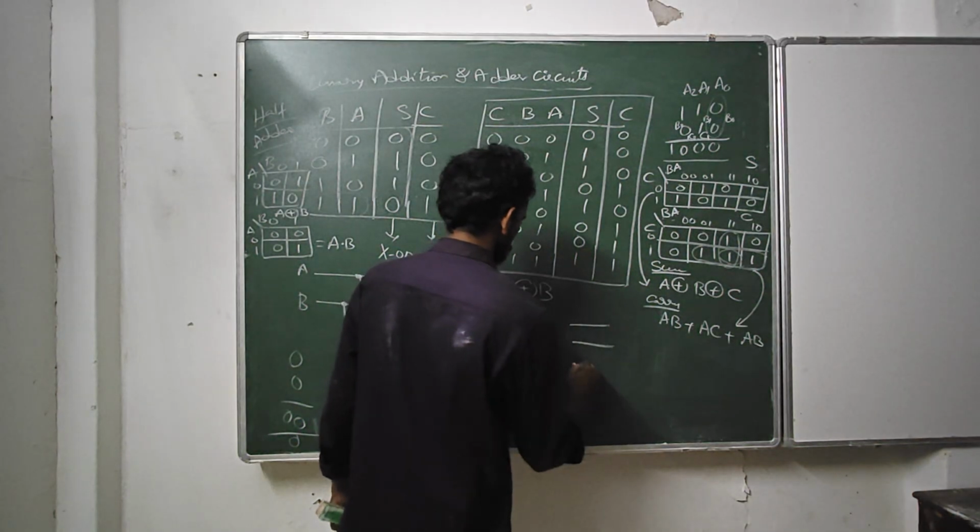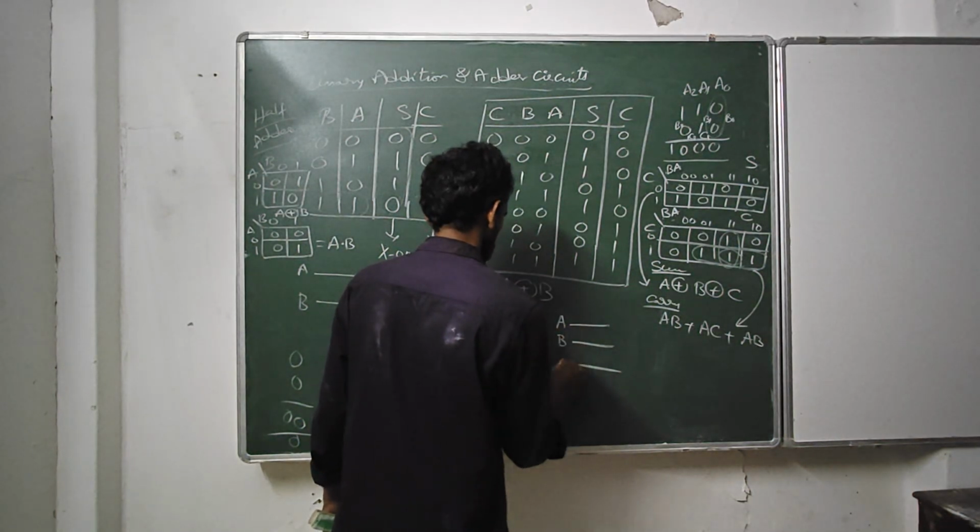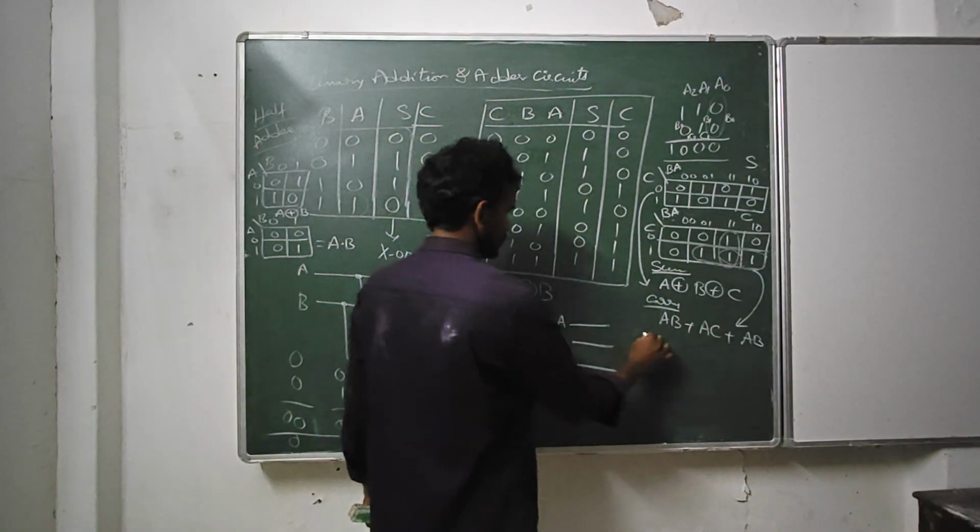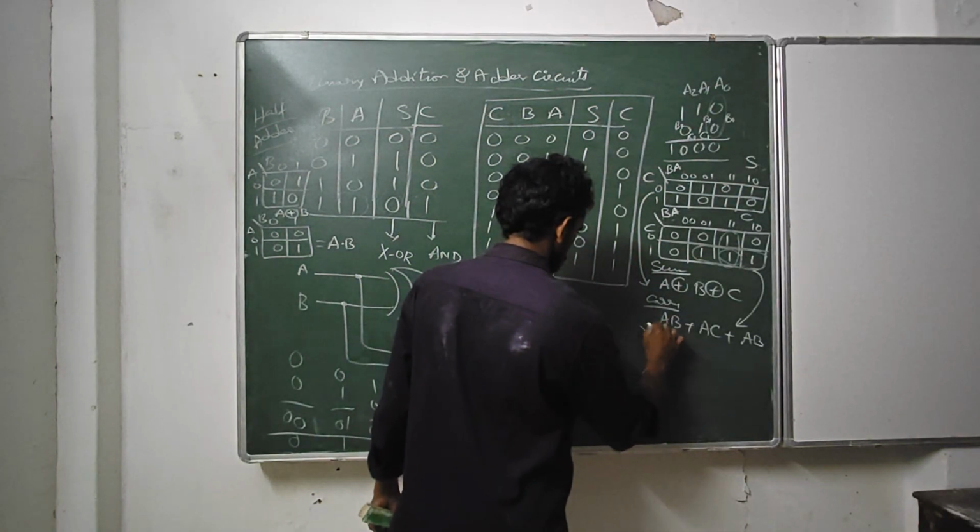We take 3 inputs A, B, C. All the 3 can be used for XOR operation.